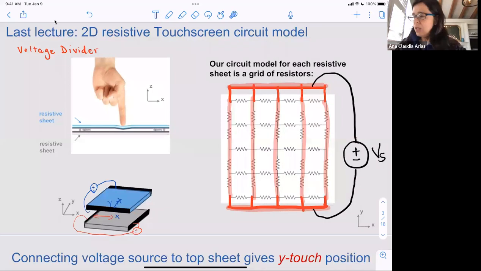Then we also looked at a different block, which we call the interesting circuit. And the interesting circuit was interesting. Why? Because we saw, do you remember? That's right. Oh, Adam is there.